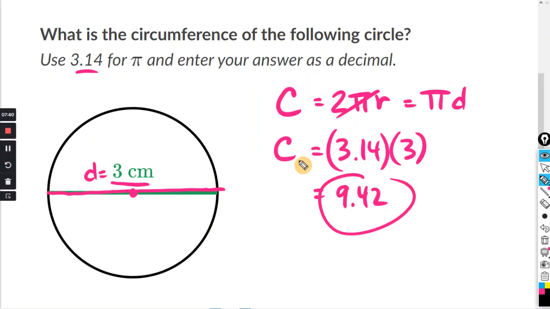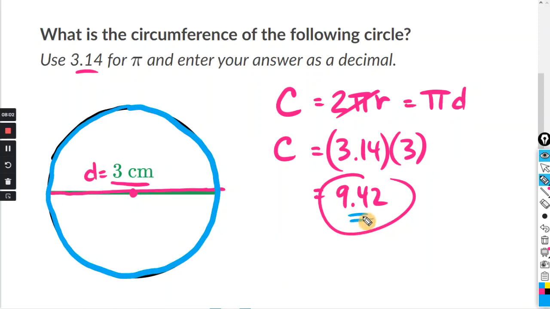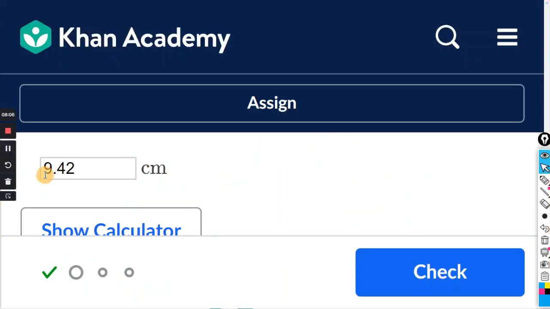By the way, just a reminder, the circumference C is the distance around this circle. So circumference is basically the length of once around the circle. Anyhow, we get 9.42, so just enter that number in the box. They give you the units, centimeters, so you don't need to enter the units.